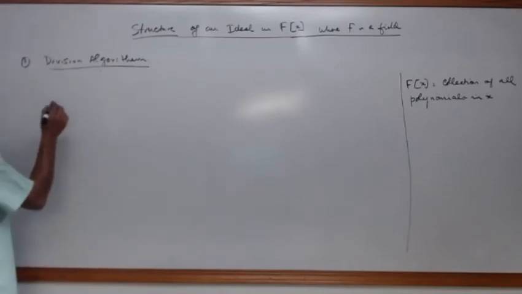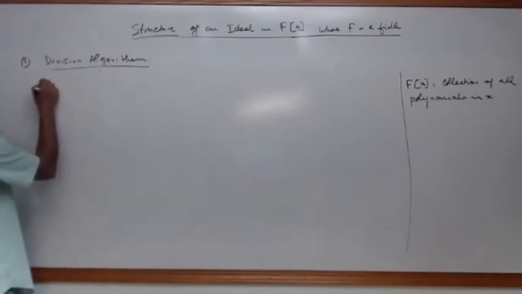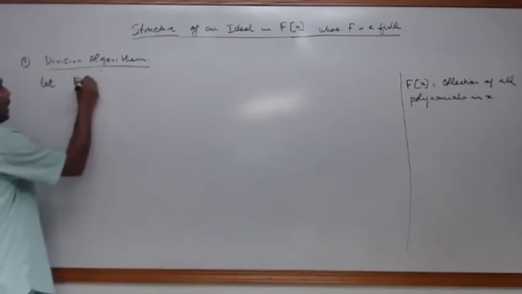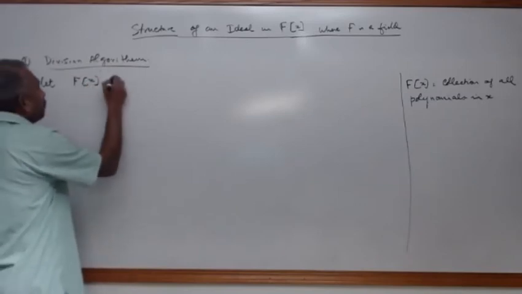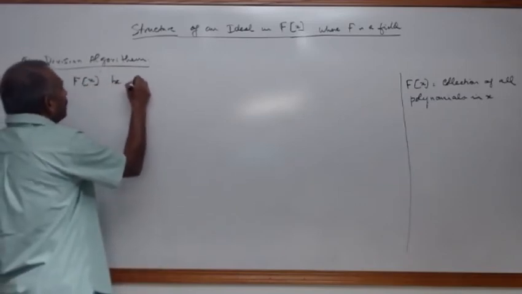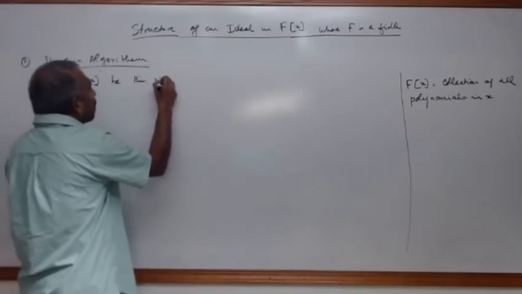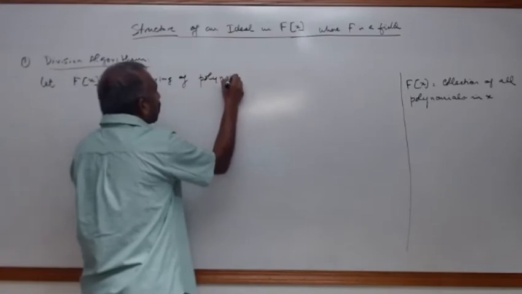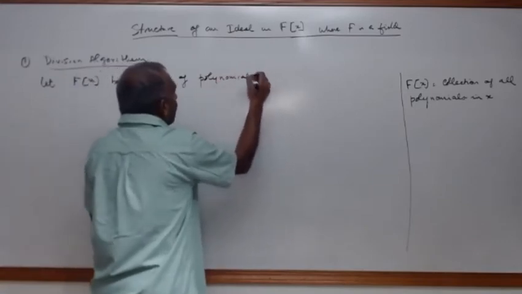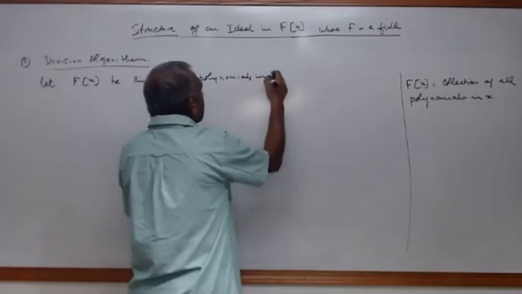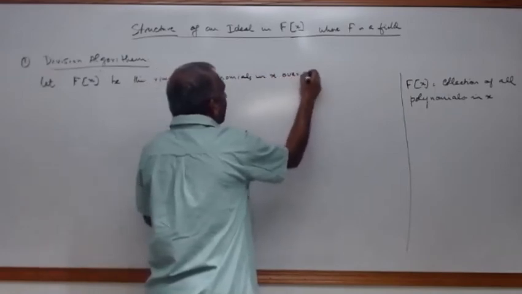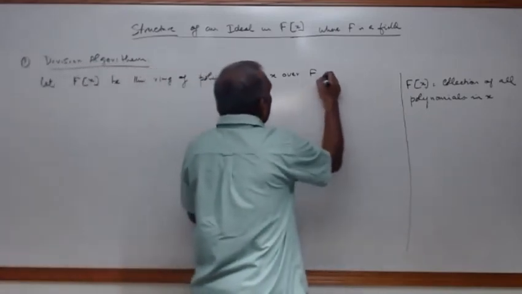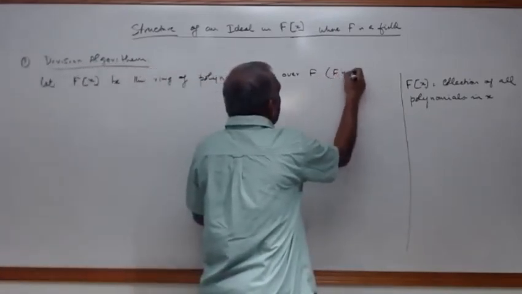Division algorithm says like this: let F of x be the ring of polynomials in x over F. F is a field.